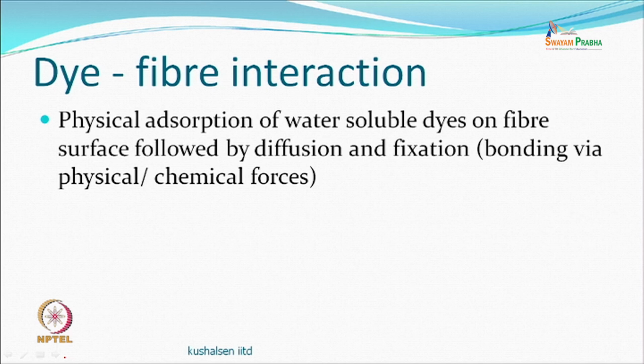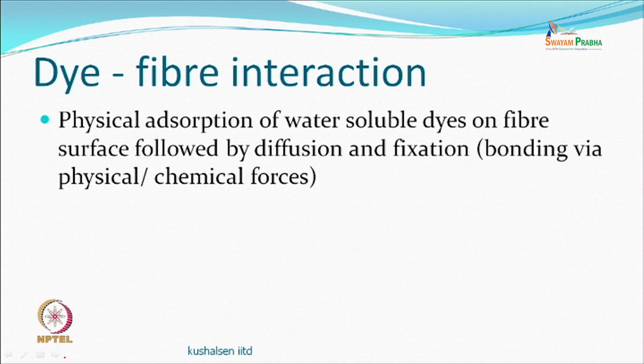In a normal case, the dye goes from solution to the fiber surface, and once it reaches the fiber surface, that is governed by, shall we say, affinity forces, and once they reach the surface, then the diffusion takes place depending upon the temperature, agitation and such conditions.